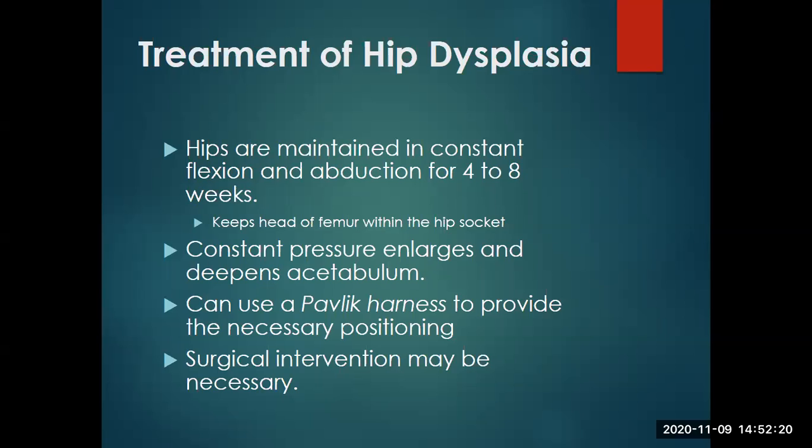Also, they have what we call the spica cast. That's another thing they can place the baby in, if not the Pavlik harness. The spica cast encircles the waist and extends to the ankles and the toes. So you always want to make sure that you're doing a neurovascular assessment because the baby is in a cast.